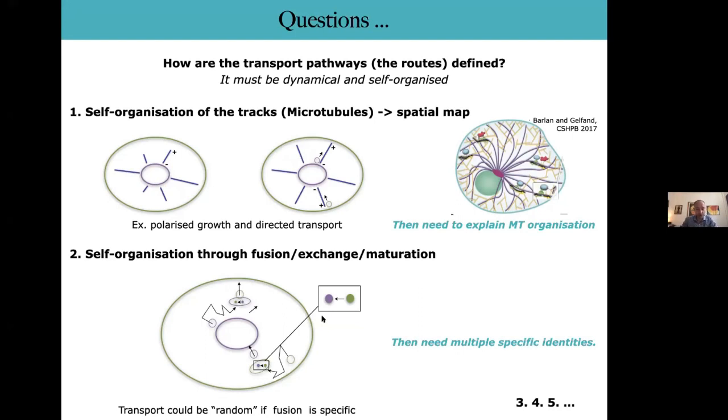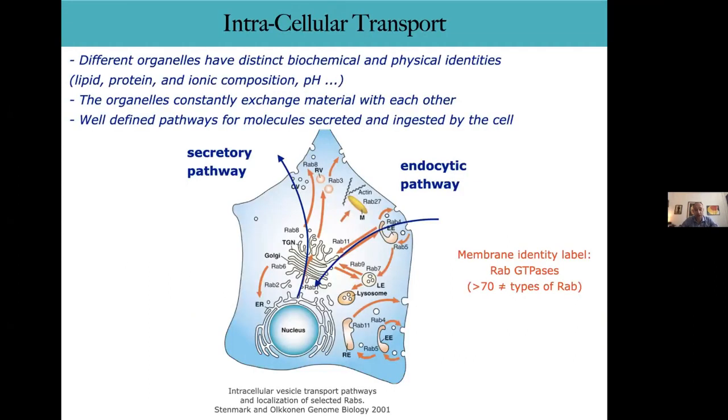Although I will not be at all molecular specific in this talk, it's still worthwhile to say that a good candidate for these molecules that would bestow an identity to a compartment is the Rab GTPase superfamily, which contains in human a lot of different members, more than 70 different kinds of Rabs. If you look at different compartments, you can typically see different kinds of Rabs. The Rabs are numbered, Rab 1, 2, 3, 5, 7, etc. For instance, between the early and late endosome, early endosomes are rich in Rab 5, and late endosomes are rich in Rab 7.